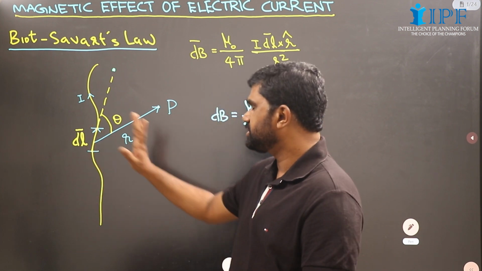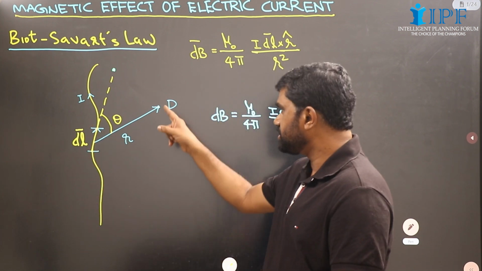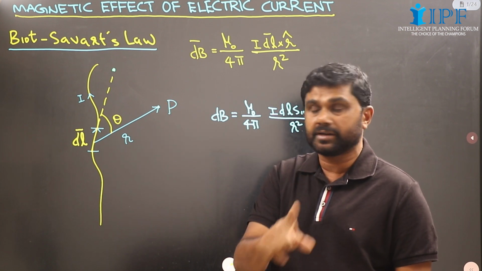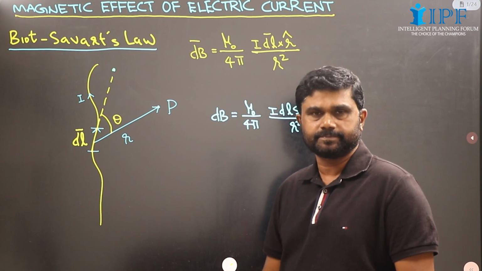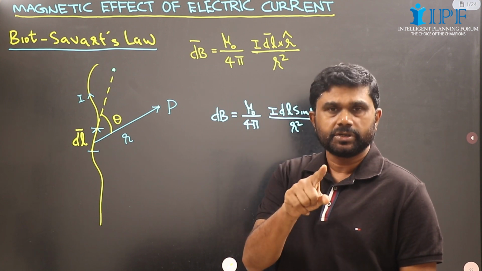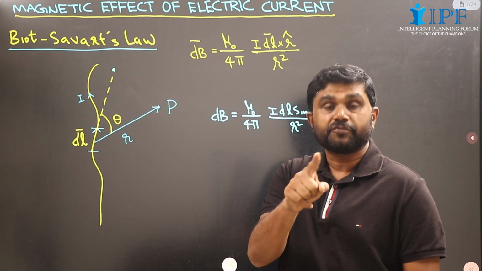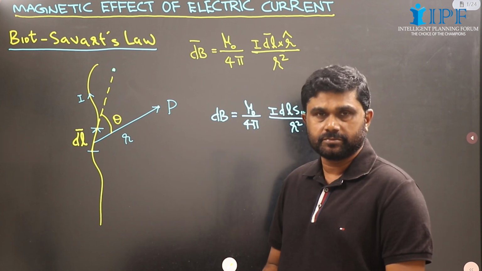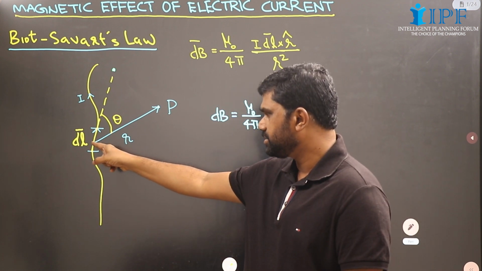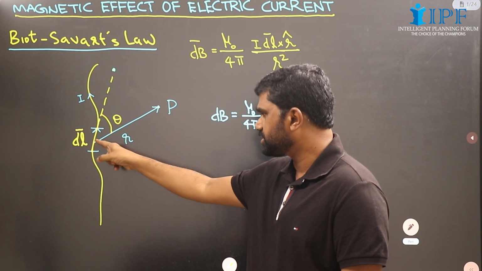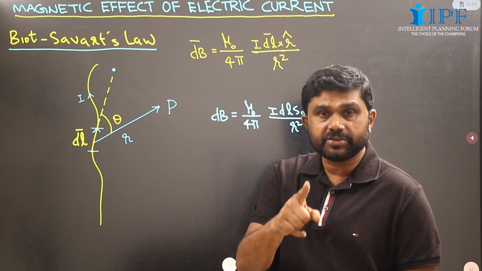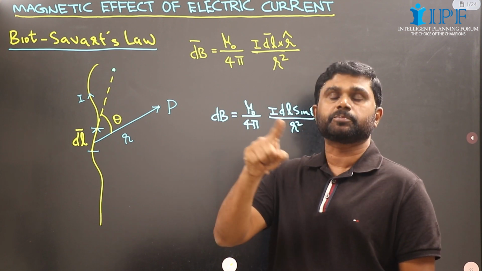Now this is the current element, and this is the point where we have to find the intensity of magnetic field due to this current element. First you have to draw a position vector from the center of the element to the point of observation. Theta is the angle between the current element and the position vector.